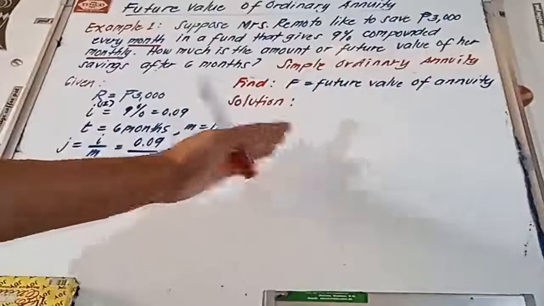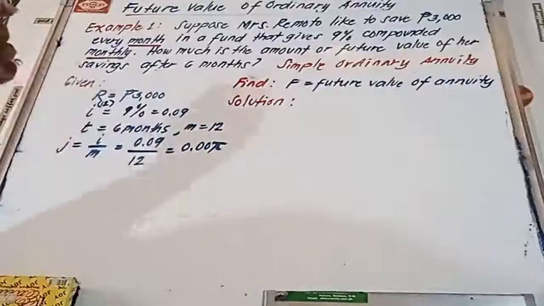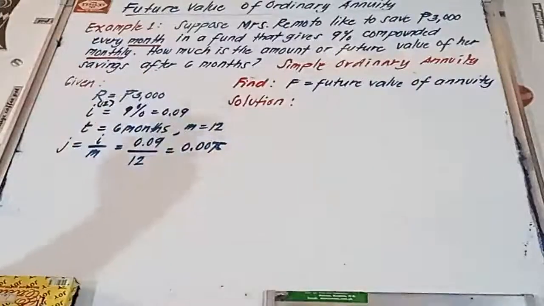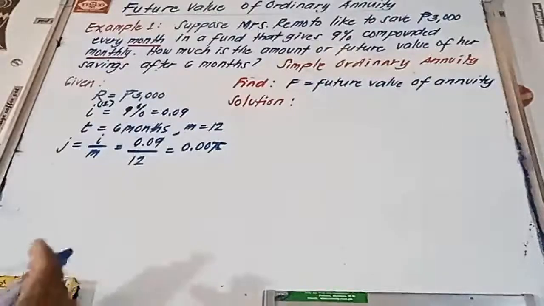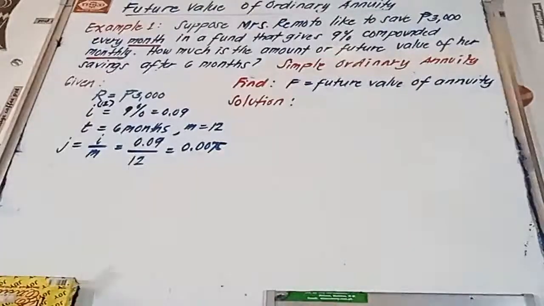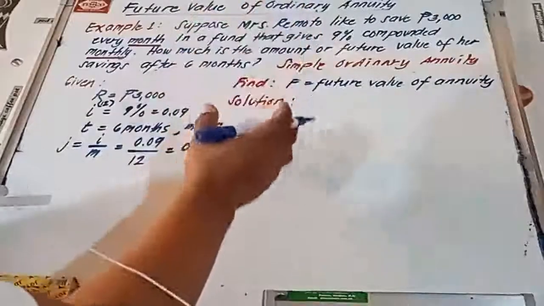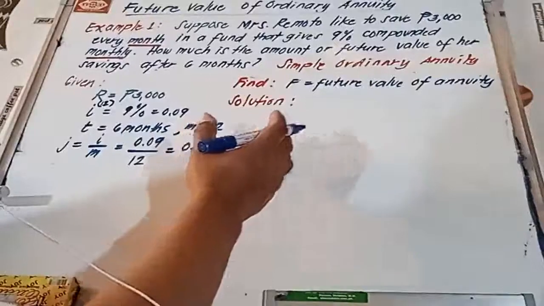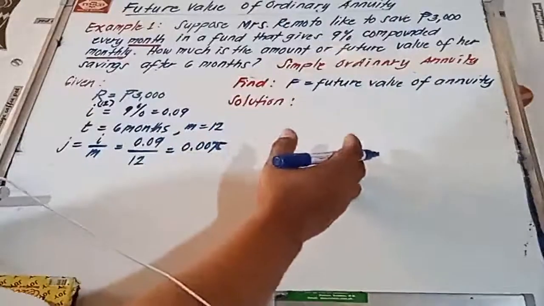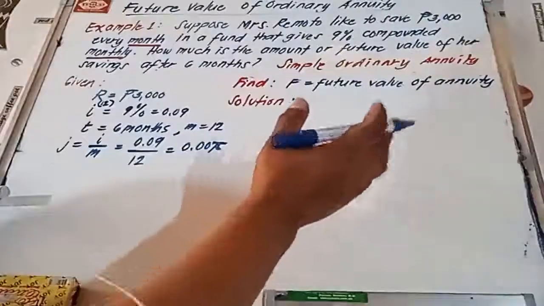Now, I'm going to solve the future value of annuity based from the definition. Sabi, ang future value daw ng annuity natin is sum ng future value ng mga payments natin nung entire term. Okay, so sa makatuwid, i-add natin yung mga future values nung 3,000 nung first month, future value nung second month, future value nung third month, fourth, fifth, and sixth month.